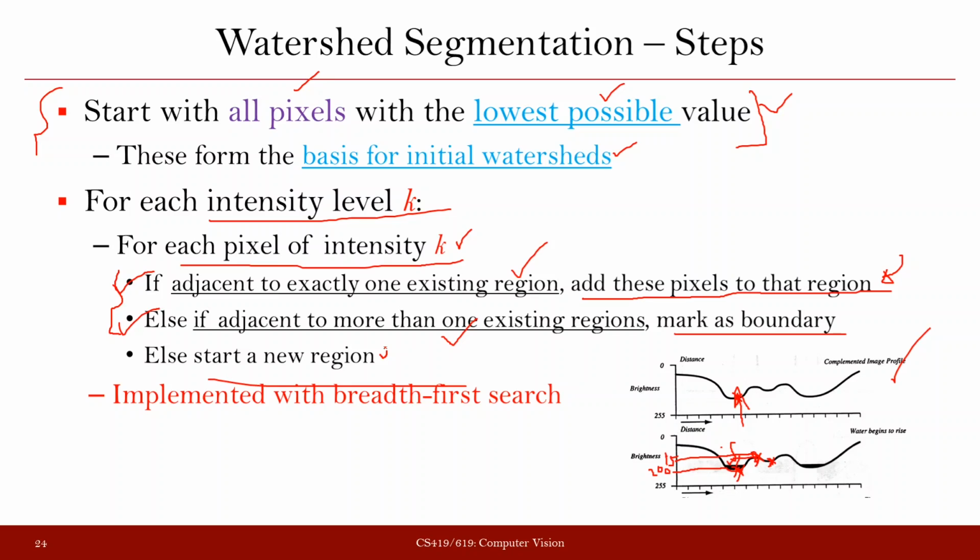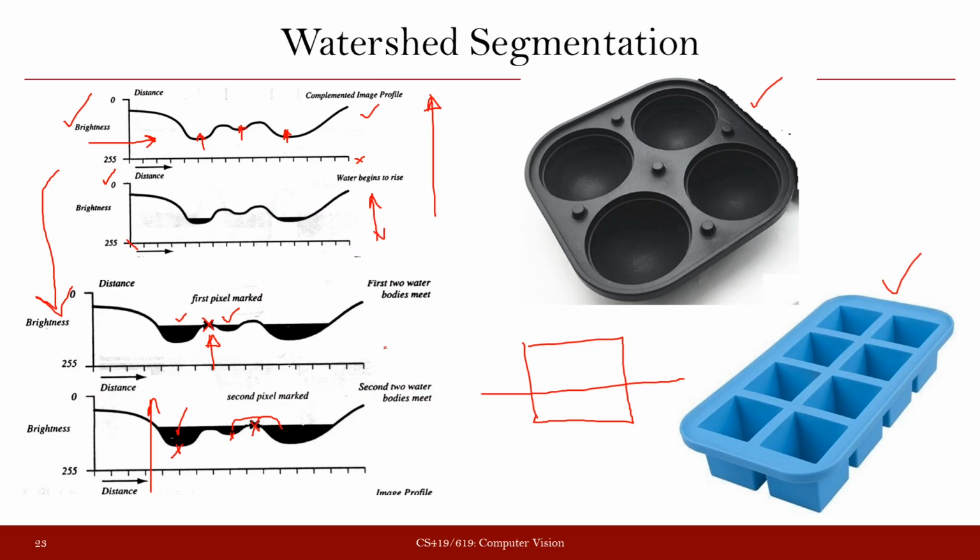Okay, so let me just come back to this example again, and let me explain this here. At the beginning, you will start with this pixel, right? And all the pixels which you have in this region here will be part of only one region, so they will keep accumulating with this region. Similarly, in this process, after certain k's, you will encounter a k which is here.